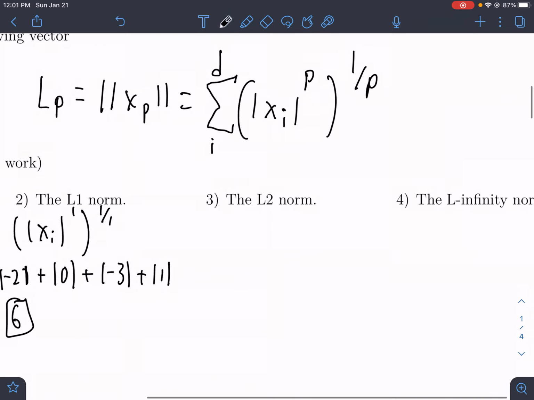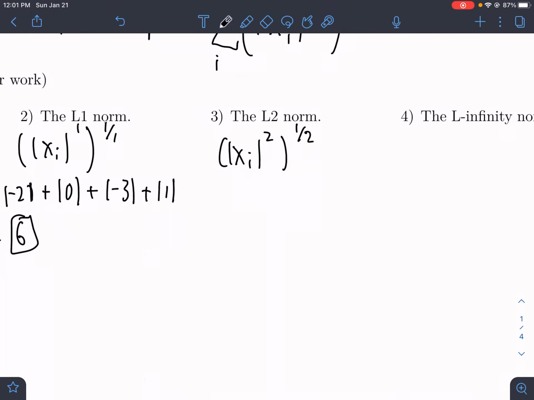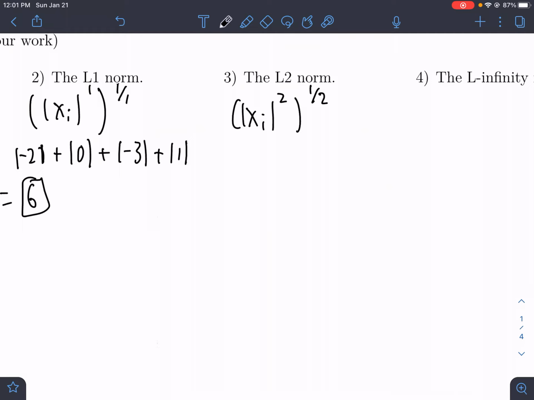For the L2 norm, we have the sum of x sub i squared, to the 1/2. And this is just our Euclidean distance. You might remember this, 1 over 2 is just the square root.